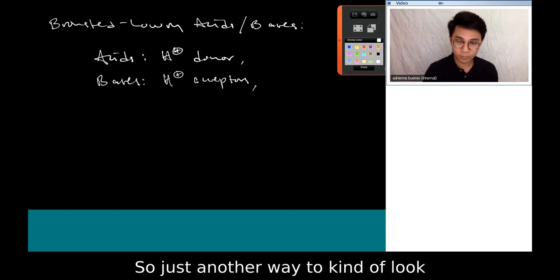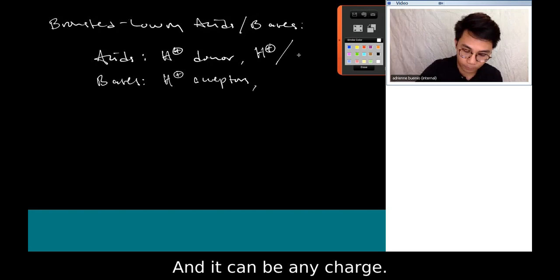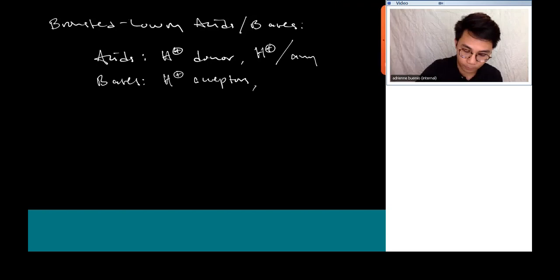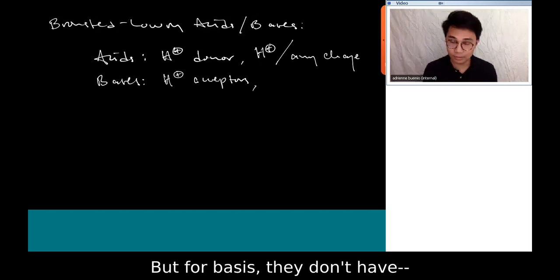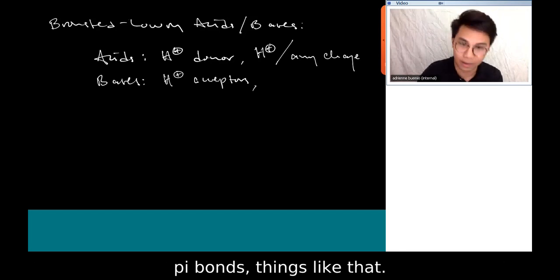Just another way to look for these is that acids contain H, and it can be any charge. But bases are lacking protons. So they might have lone pairs, pi bonds, things like that.